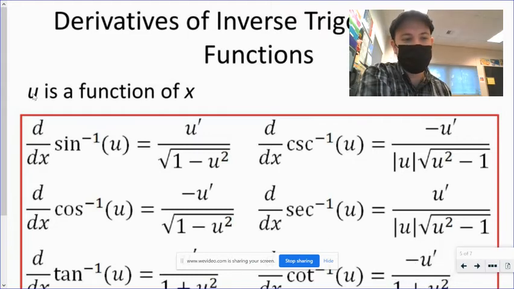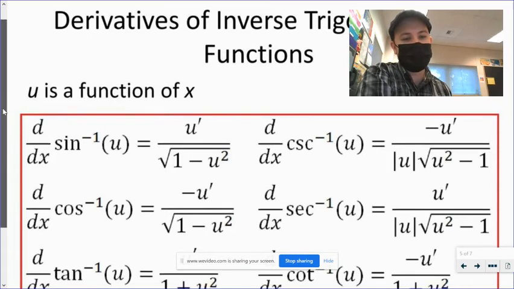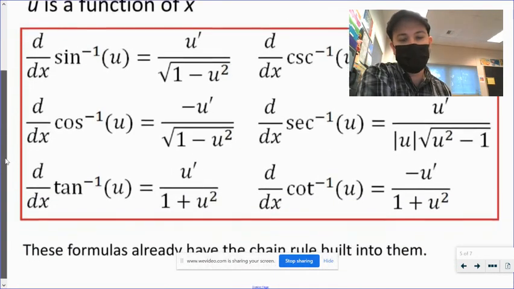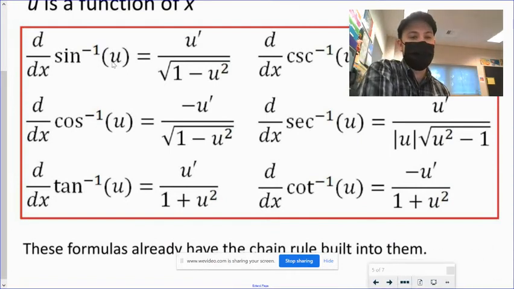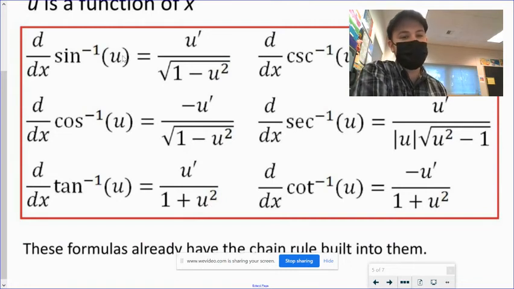But ultimately, this is the master list right here. And notice that I'm not using x, I'm using u, because sometimes we have an inside function u. And by the chain rule, you end up getting u prime.